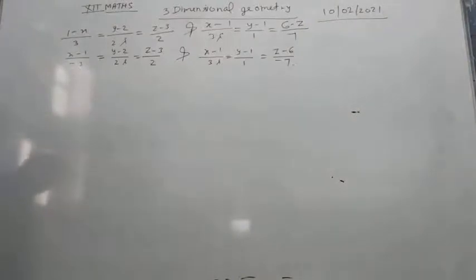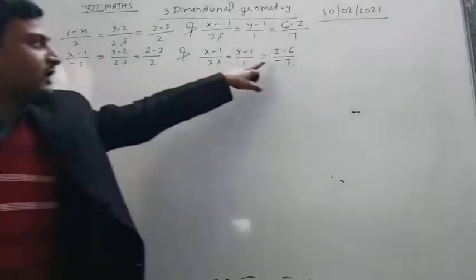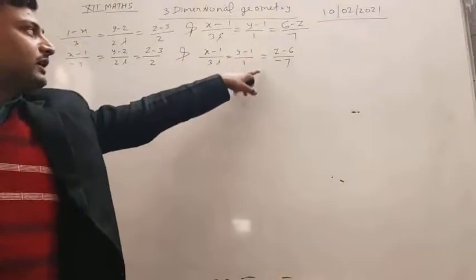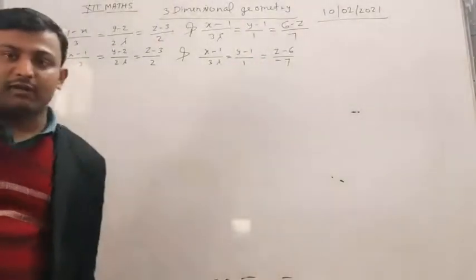Okay, students. This is (1 minus x) by 3, and when we take the negative sign outside we get minus 3, and here also this is 7, when we take the negative sign outside we get (z minus 6) by minus 7.